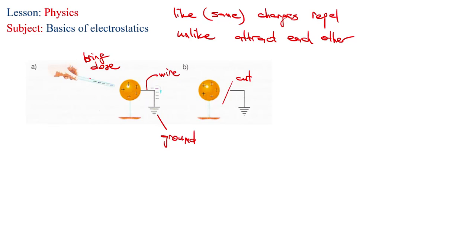By the way, before, when I bring this rod close, before this attraction, the sphere was completely neutral. I mean, the sum of plus charges and negative charges will be same, that means the total charge here will be equal to 0. But since I bring it closer, this negative charge attracts positive, and then the negative charge will move to the ground by a wire, and when I cut the wire, it becomes a positive charge. This method is called the induction method.